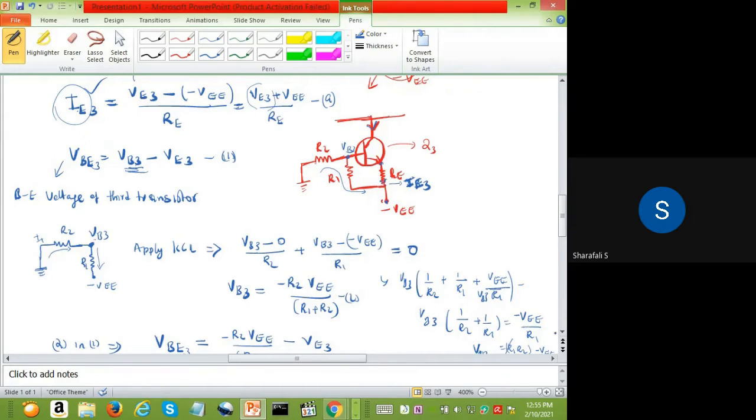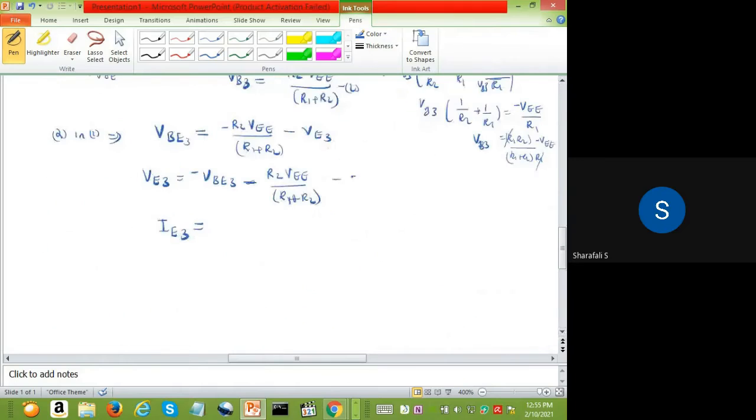And this is third, 3 in A, IE3 equal to minus R2 VEE by R1 plus R2 minus VBE3 plus VEE divided by R. So this expression is coming from expression A, the first equation that we wrote.